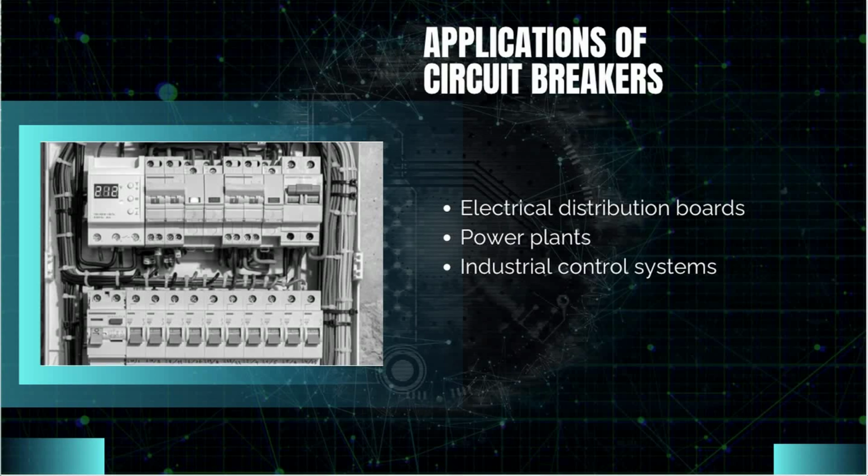Industrial control systems, circuit breakers protect machinery, motors, and other equipment from damage due to overload or short circuits. These applications highlight the critical role of circuit breakers in ensuring safe and efficient operation across different environments.